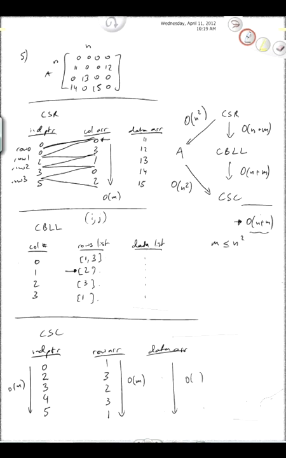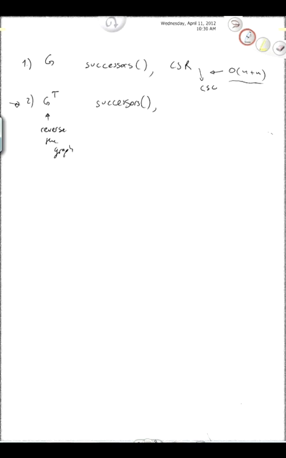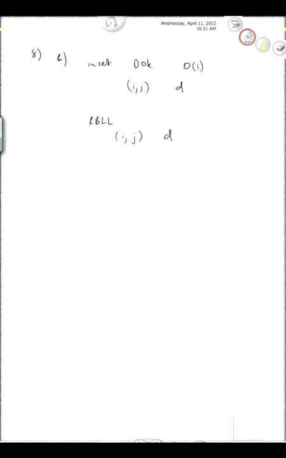So putting in a new number into the rows list is very fast. It's just O of 1 time. And so inserting into RBLL is O of 1 time if you know the entry is a 0 previously.